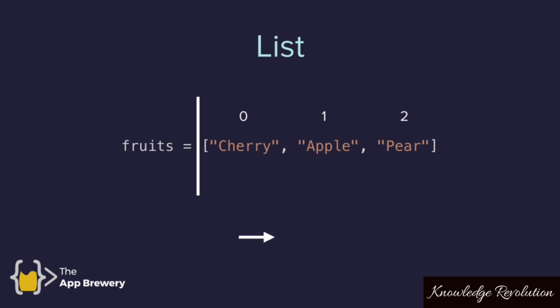But apple is shifted from the beginning by 1, pear is shifted from the beginning by 2, and so on and so forth. Then it makes more sense that the first item in the list is at the beginning, so it has no offset, so it's 0. And you'll find that in many, many programming languages, there are similar data structures to lists, and they're usually ordered starting from 0 and then adding by 1.